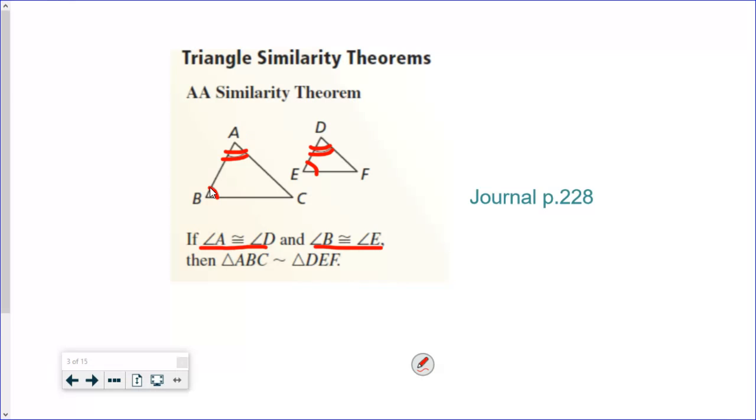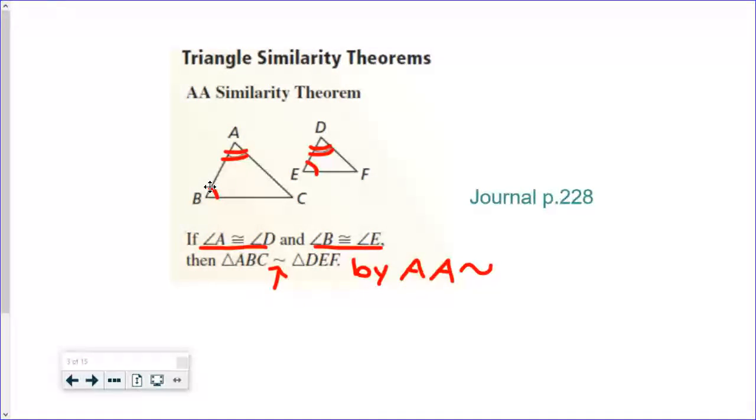So if you have two pairs of matching congruent angles in two corresponding triangles, those triangles are similar by what we call angle, angle, similar.